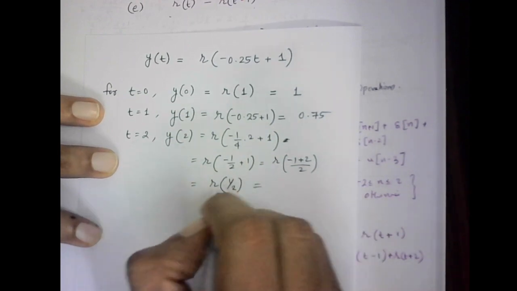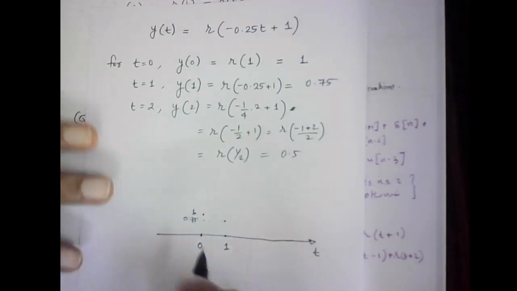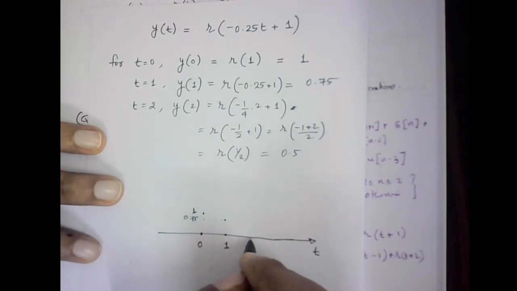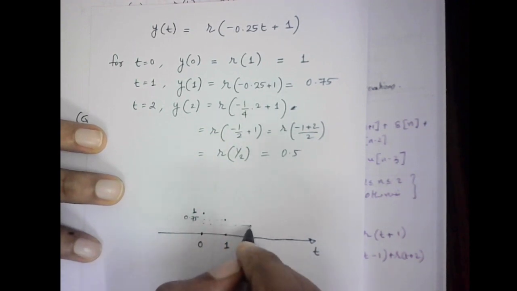What is r of 1 by 2? It is 1 by 2 or 0.5. So y of 2, at t is equal to 2, is 0.5.